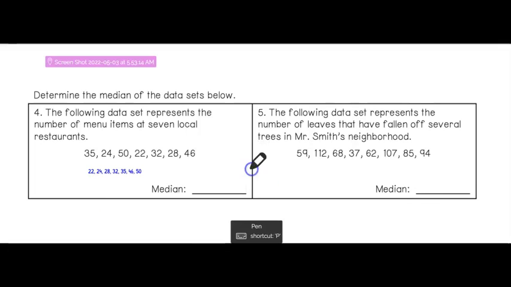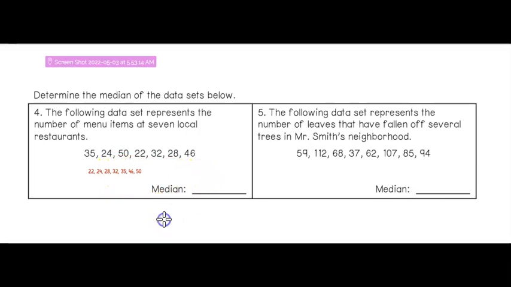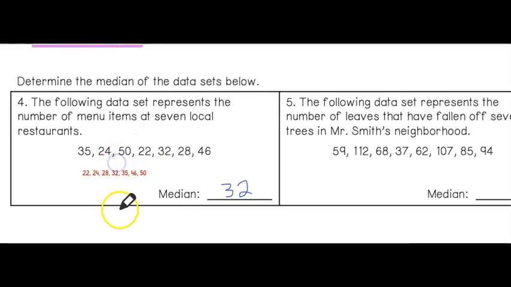When it's an odd amount of numbers, it's easy, because you're going to have 3 numbers on the left and 3 numbers on the right, and you can see that 32 is the middle number. So our median would be 32, because 32 is that middle number.